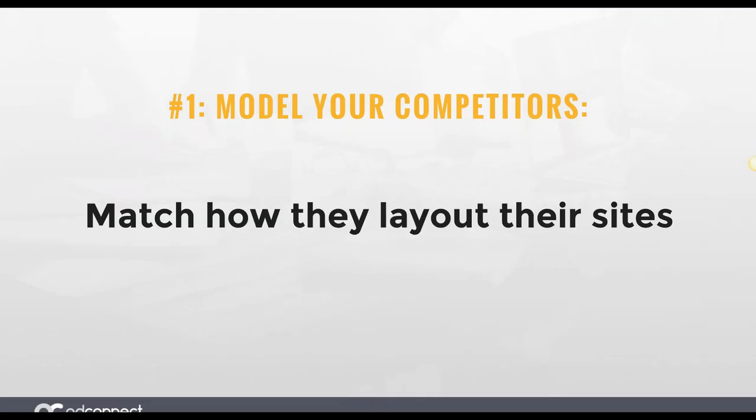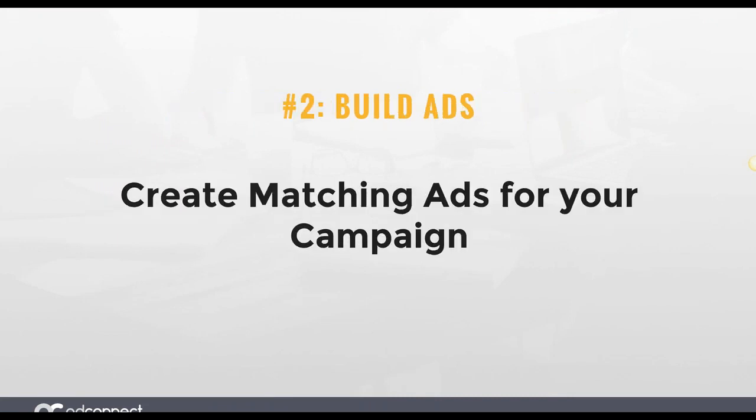Okay, so now you can model your competitors and first use their layouts and see how it converts for you. The second part of AdConnect is to create matching ads for your campaigns. Remember that you can create matching ads for your campaign so that you can run Facebook ads, Google ads, or any kind of ads you can possibly think of.